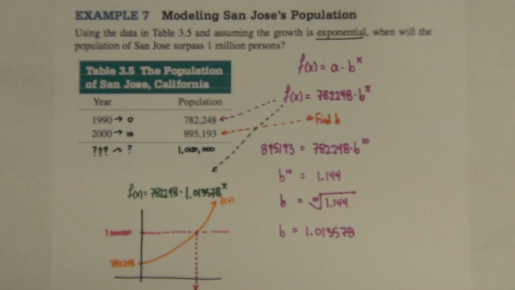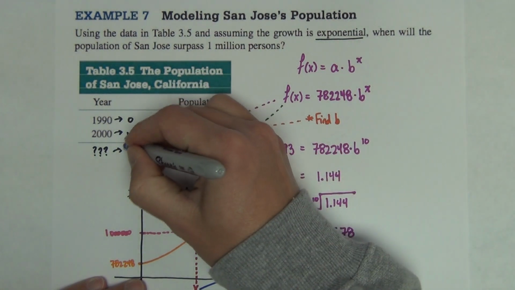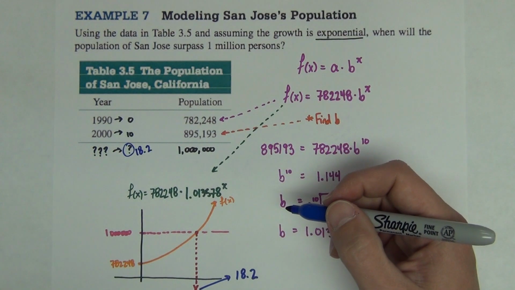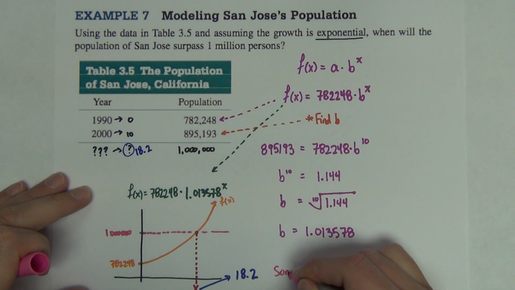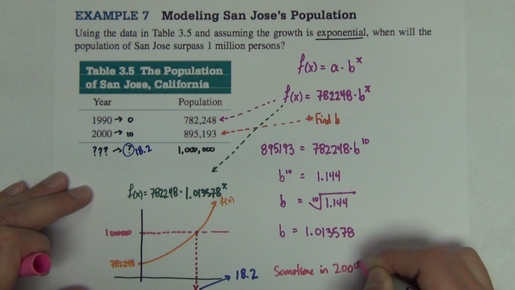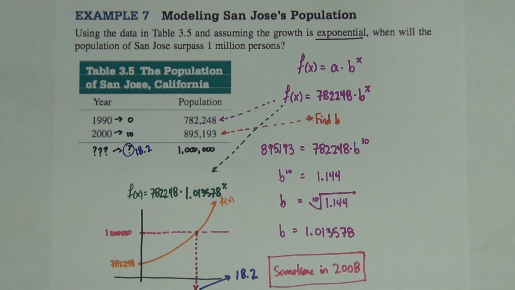Okay, so these intersect right here at an x value of 18.2. That corresponds to this number right here. Okay, so in what year could we say the population will surpass 1 million people? I would say that it was going to happen sometime in 2008. And that's probably good enough.